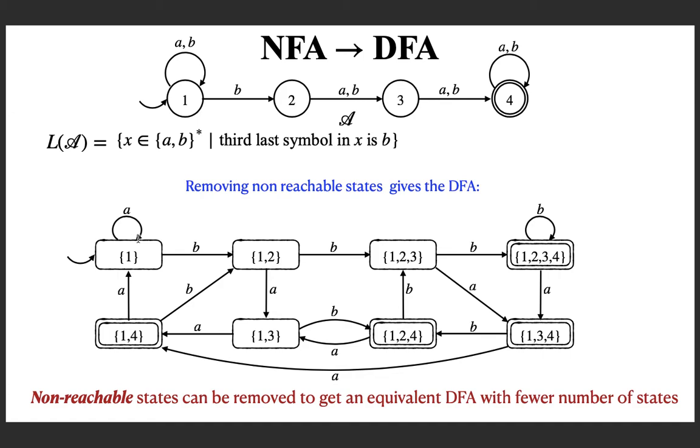Then the question is, how can there be non-reachable states in a DFA? It can happen if you obtain the DFA automatically using the subset construction algorithm. After doing that, you can apply this technique to reduce the number of states.